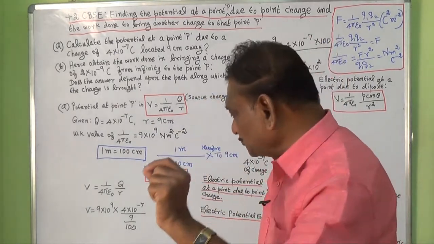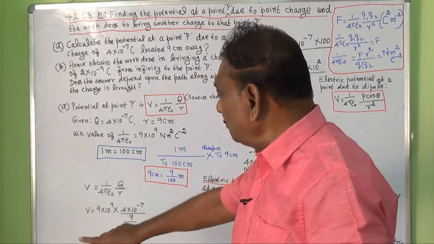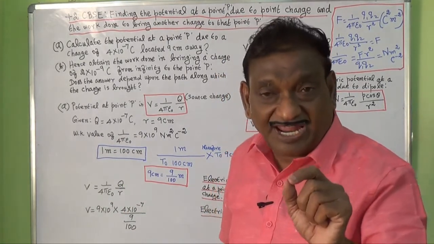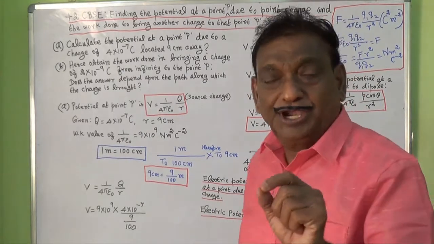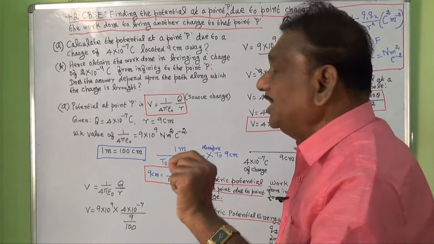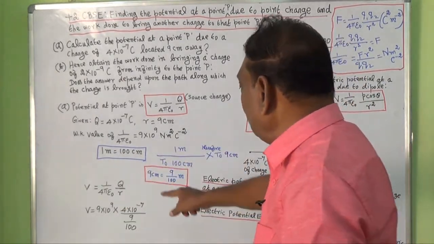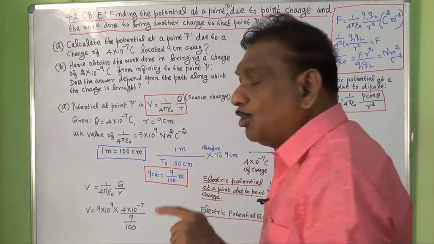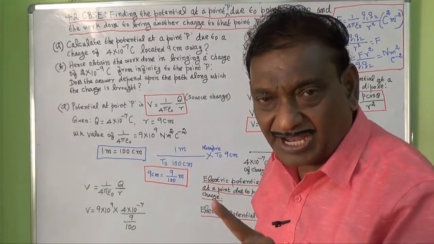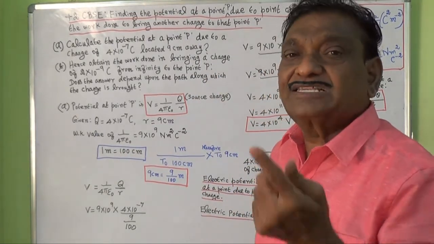So we can substitute 9 into 10 to the power of 9 in the place of 1 by 4 pi epsilon naught. The charge is given as 4 into 10 to the power of minus 7 coulomb, so we can substitute 4 into 10 to the power of minus 7 in the place of Q. Moreover, the distance is given as 9 centimeter. We are converting that 9 centimeter as meter.